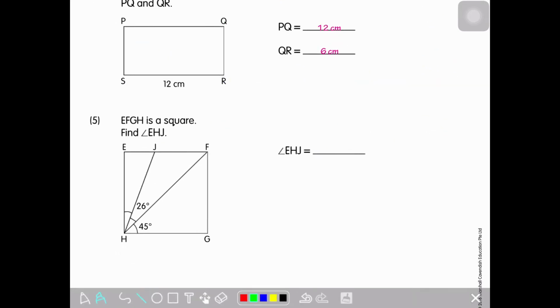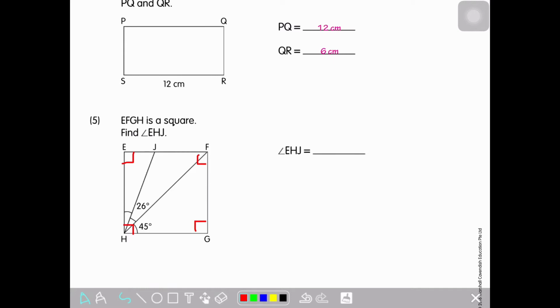Question 5 is a square. And a square means that there are 4 corners of right angles, and right angles are 90 degrees.